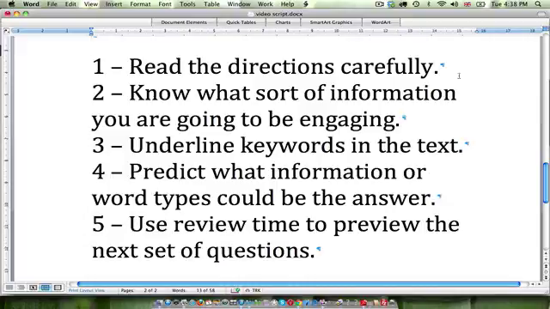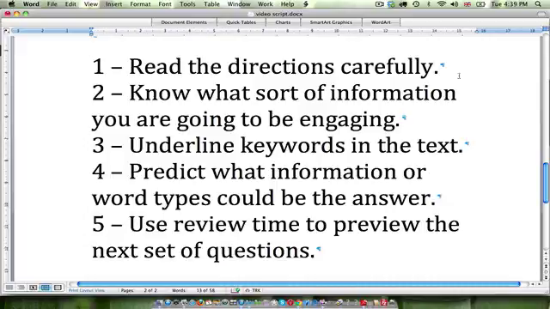Number two, know what sort of information you are going to be listening to. So again, as you know, section 1 of the exam is an everyday English dialogue, section 2 is an everyday English monologue, section 3 is an academic dialogue or a training dialogue, and section 4 is an academic monologue or a training monologue.